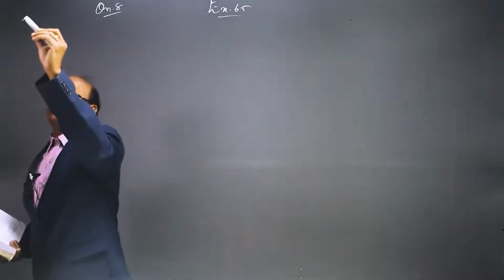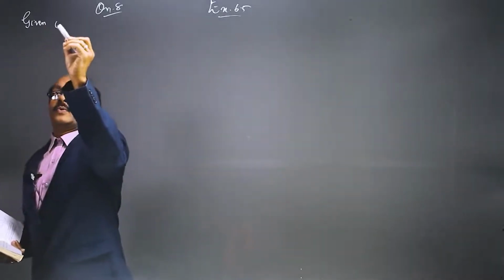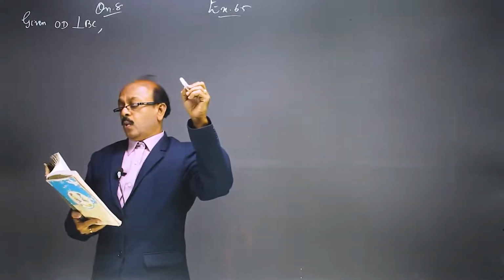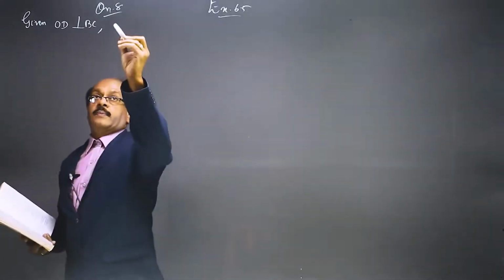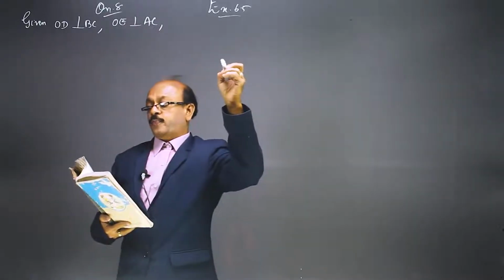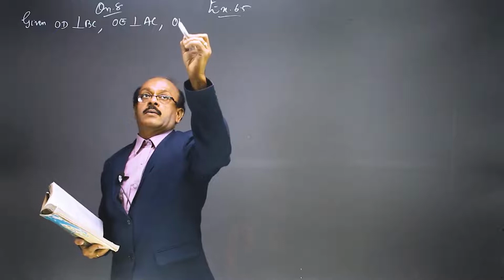So the given conditions are OD is perpendicular to BC, OE perpendicular to AC, OF perpendicular to AB.